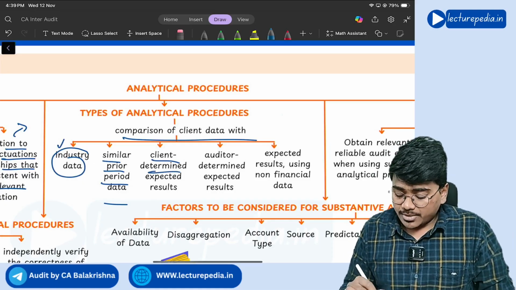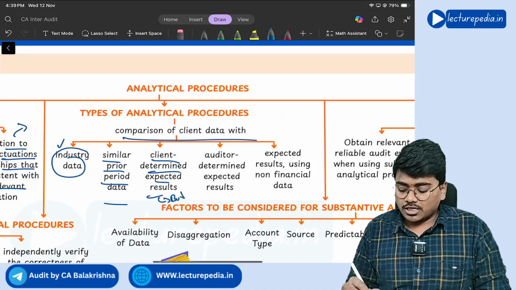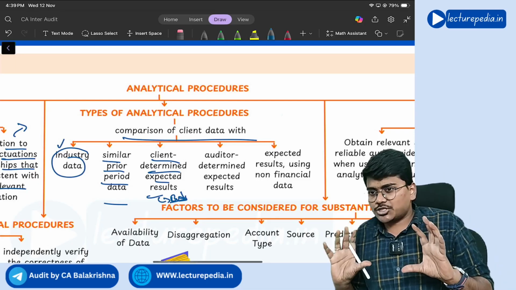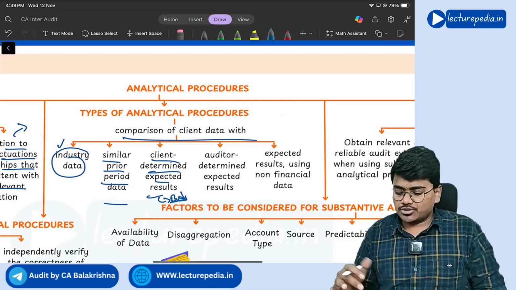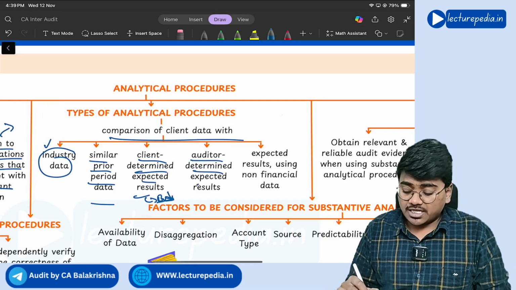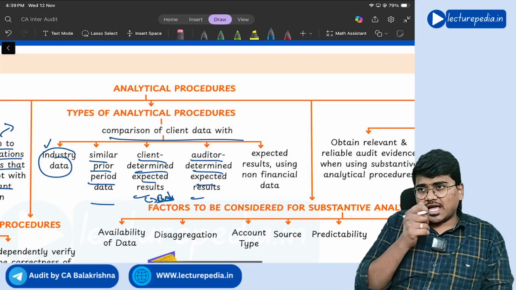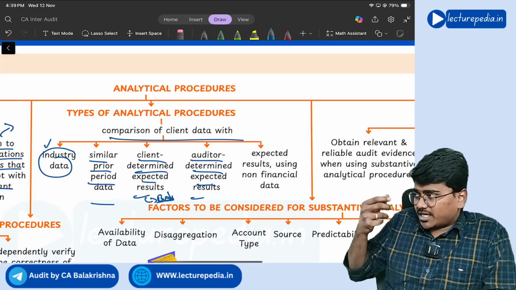Next, client determined expected results. Expected results means budgets. The client would have prepared a budget and he has arrived at a certain actual amount. Now comparing the actual amount with the budget is also an analytical procedure. Next, auditor determined expected results means, see, in our example, by multiplying average salary and the number of employees, the auditor has expected a certain amount.